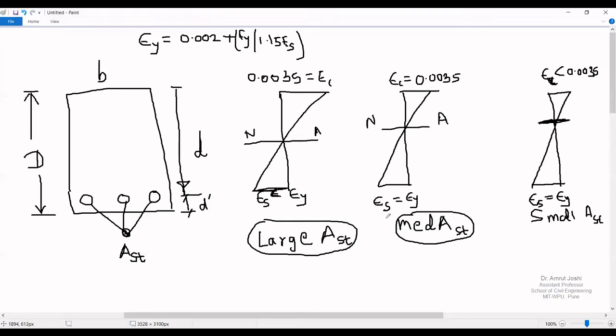So here, as you can observe, in comparison to the second case, strain in steel is the same, but strain in concrete is less than 0.0035, and therefore the neutral axis at failure for this case will shift above the neutral axis for the second case of medium steel.